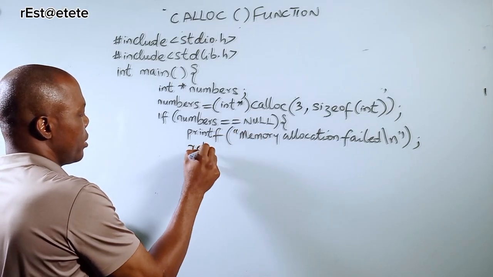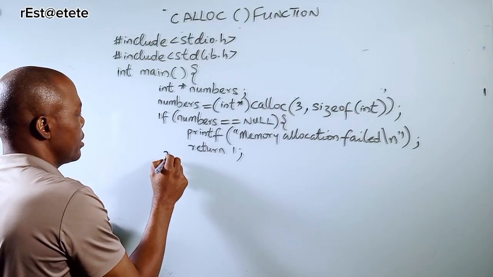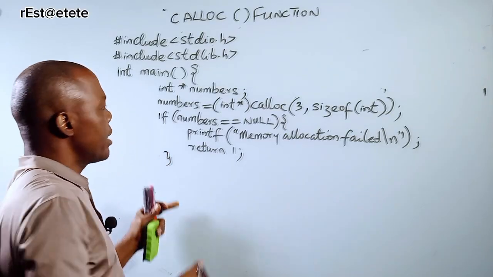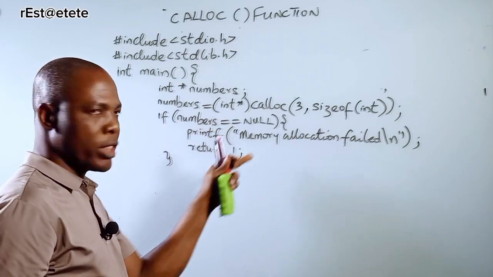Then I will say return 1 because there's an error. So I'll close this here. Okay, now I've done that. Assuming I check and numbers is not null, it's going to skip this part.